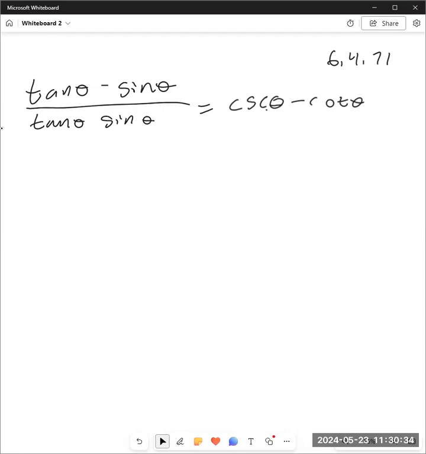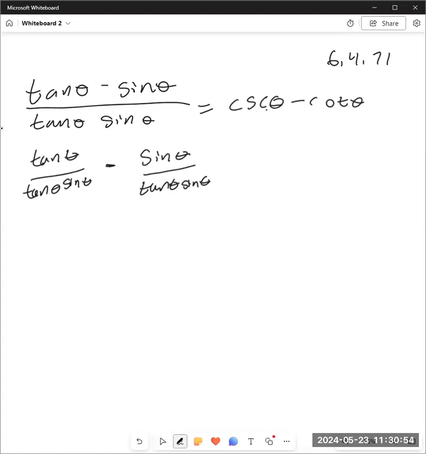So let's split the fractions up here into tan theta over tan theta sine theta minus sine theta over tan theta sine theta.